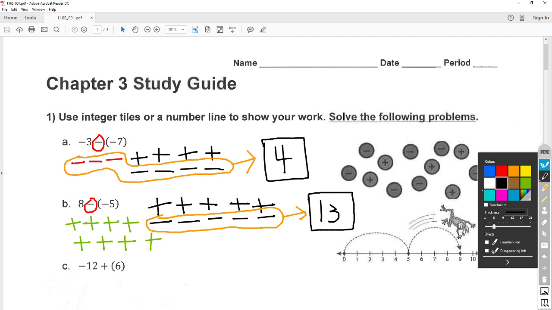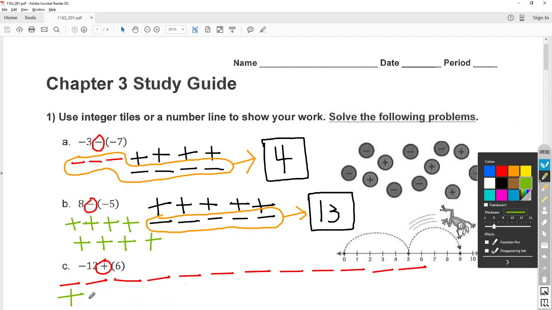Okay, now going on to C. So C, I'm starting off with 12 negatives now. 2, 3, 4, 5, 6, 7, 8, 9, 10, 11, 12. And since I'm adding, I'm just adding on to my picture, 6 positives.